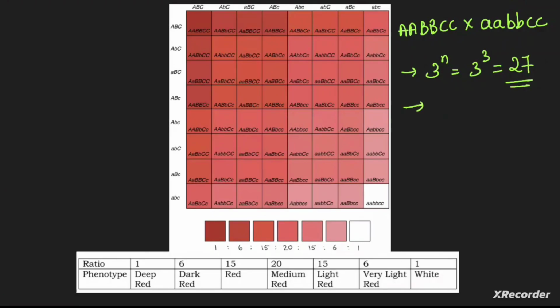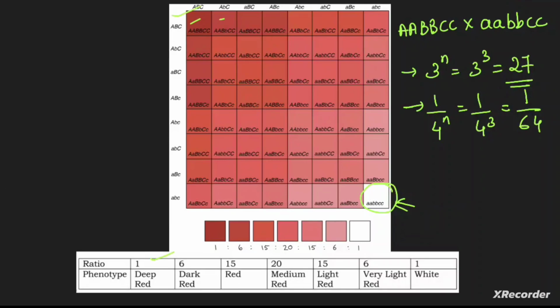How about extreme phenotype? It will be 1 by 4 raised to n. n will be again 3, right? So it will be 1 by 64. So total boxes, if you count, they will be 64, and 1 will be the extreme phenotype, which is white given here. Okay, and at the same time, another extreme that you can get is deep red.